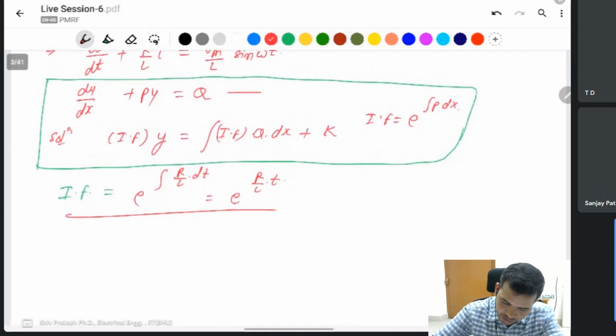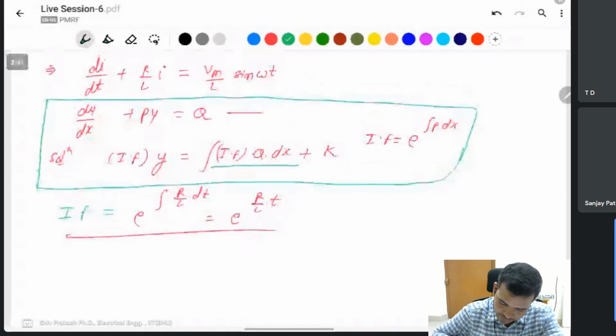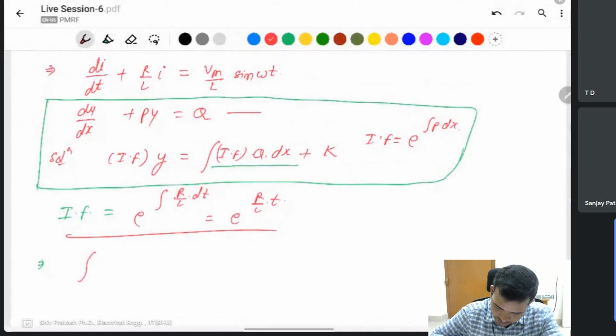Then the next part is the integration of integrating factor into Q. Written separately, this one: integration of e power R by L into t, Q is Vm by L sin omega t into dt.